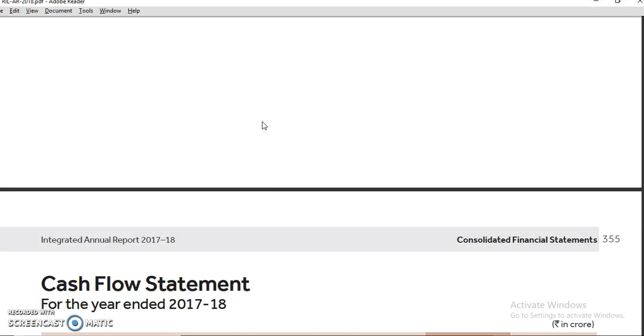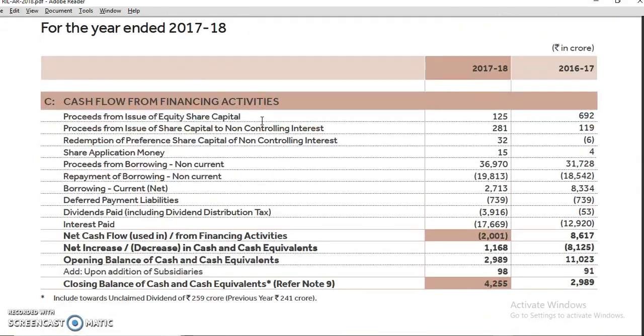Then there is another part, the last part, which is called financing activities. Now, financing activity means all the interest on the borrowings we have taken, or when we return the loan, we take a new loan, we raise new capital, we pay dividend. All those cash activities are coming here. So here you see proceeds from issue of share capital, non-controlling interest, minority interest, new share application money, proceeds from the borrowing.